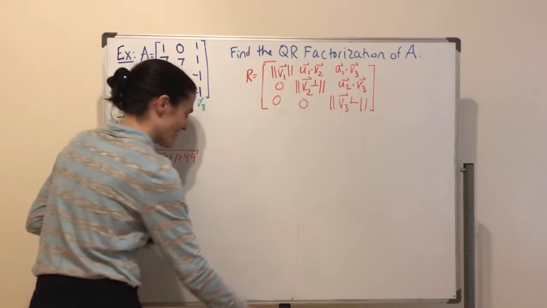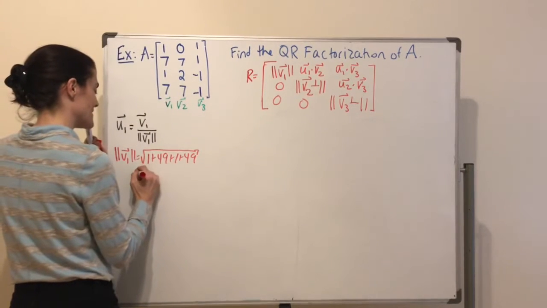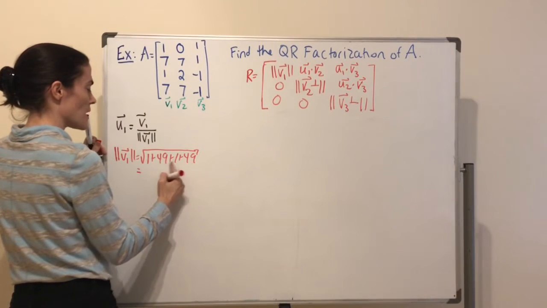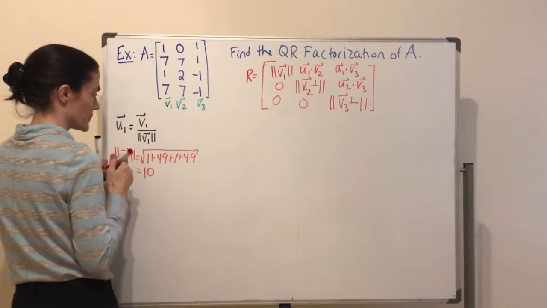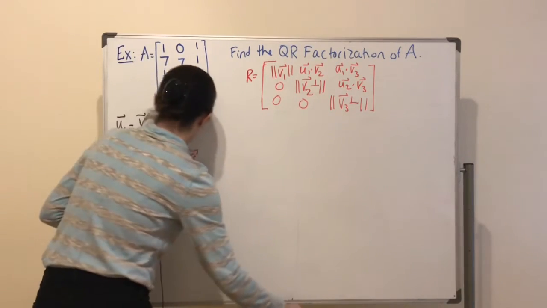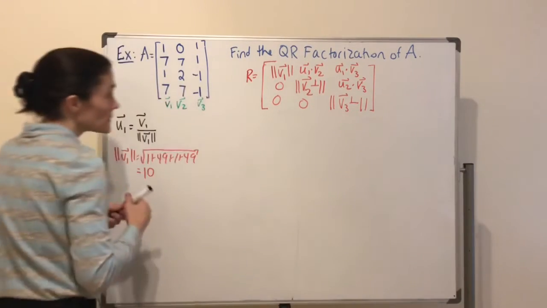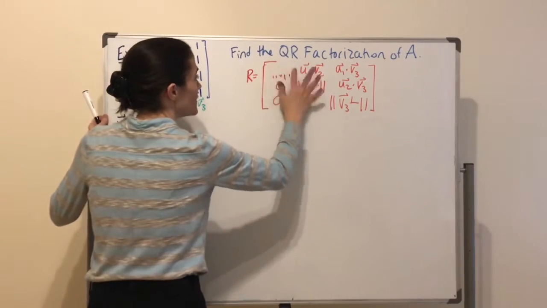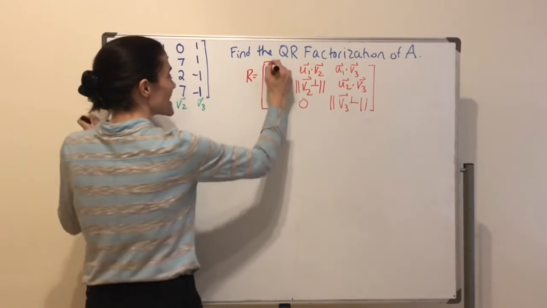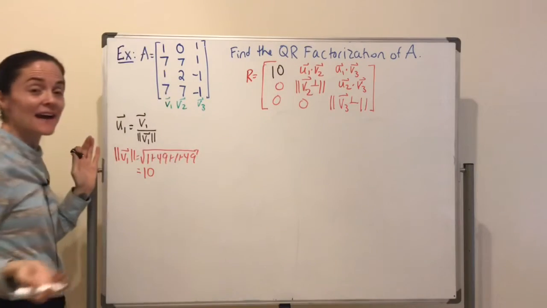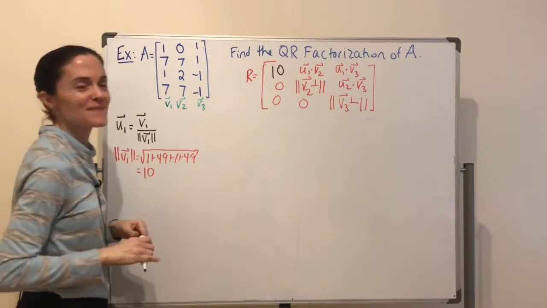Okay? And this is the square root of 100, which is just 10. I don't even have U1 yet, but I know this length is 10. So I have the first column of my matrix.